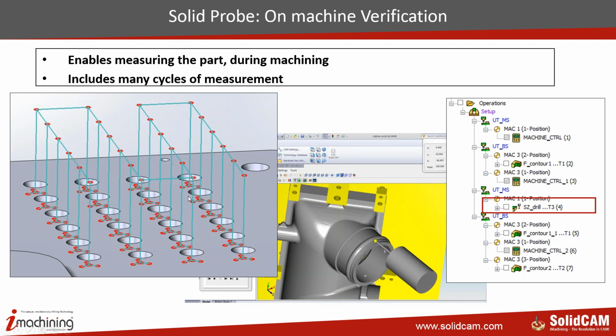For example, I can drill out holes, ream out a hole, then come in right after that with my probe to see if the hole is in the right place with the right dimensions. If it's okay, continue with the next operation, or say, let's repeat the operation and change my tool. Just an example. So you can do that in between your operations.